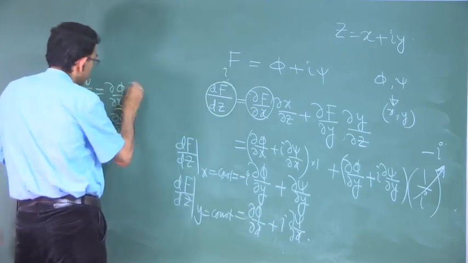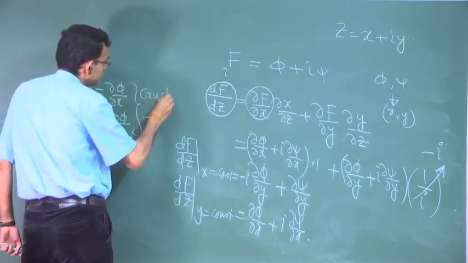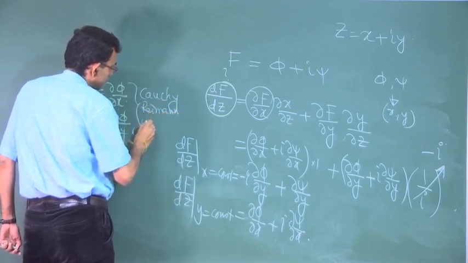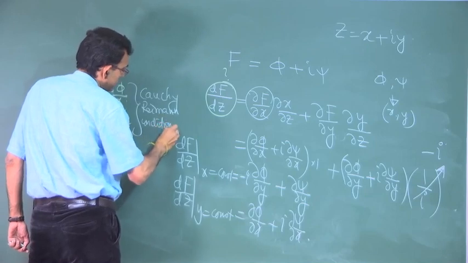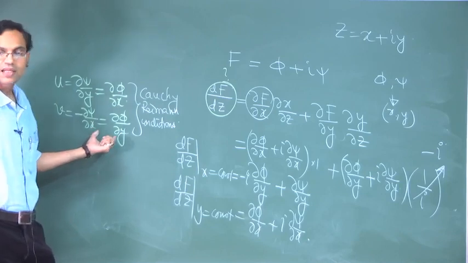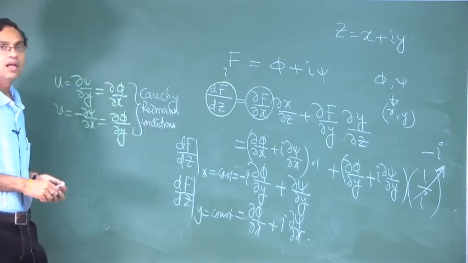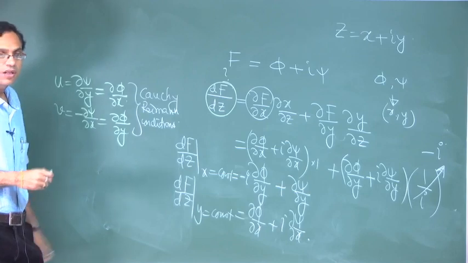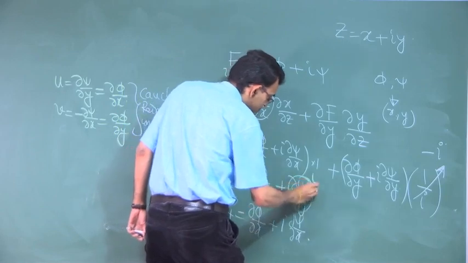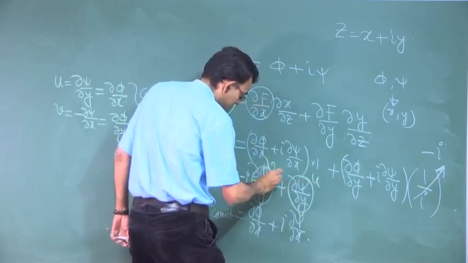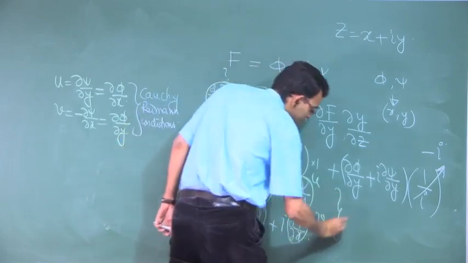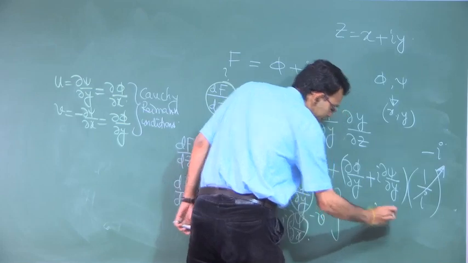These are called the Cauchy-Riemann conditions. If these Cauchy-Riemann conditions are satisfied, and that is clearly satisfied for two dimensional incompressible and irrotational flow, what we can write here is that this is u, this is v, this is u, this is minus v. So, both are equal to u minus i v.